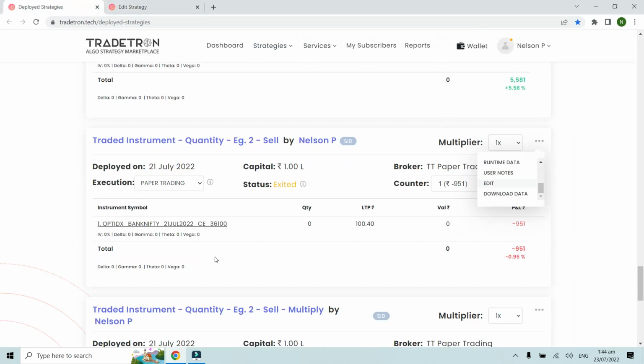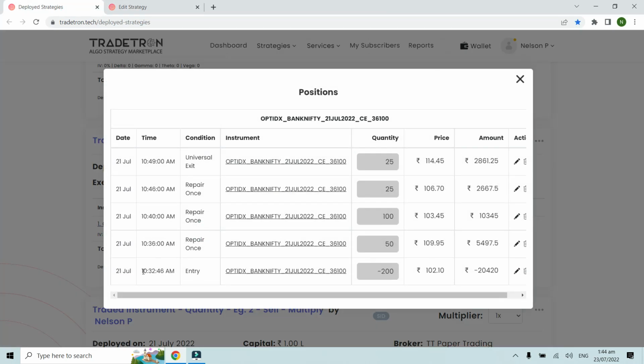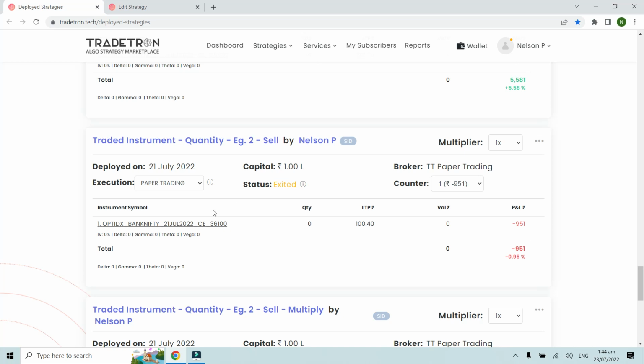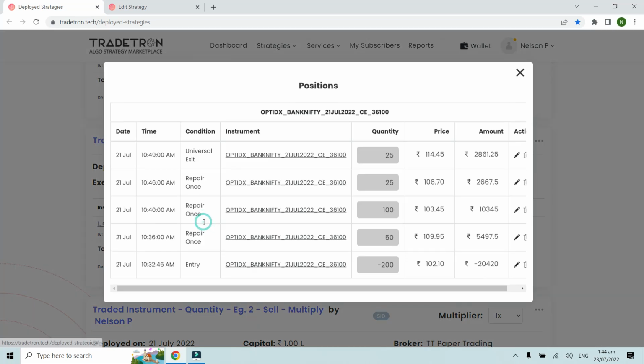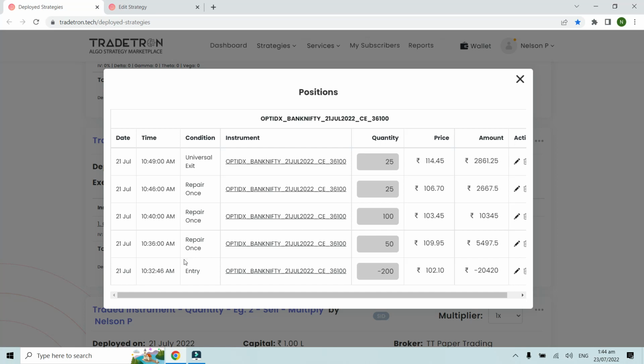So let's see what kind of trades it has taken. Initially it has taken an entry at, suppose, 10:32. These are different counters it has taken. So in this case, at 10:15, if I deployed this particular strategy, it first sold this particular option at 200, that is 8 lots.